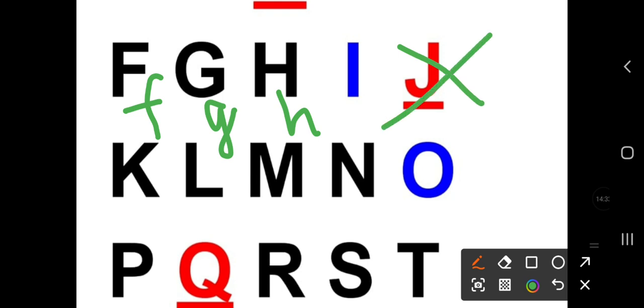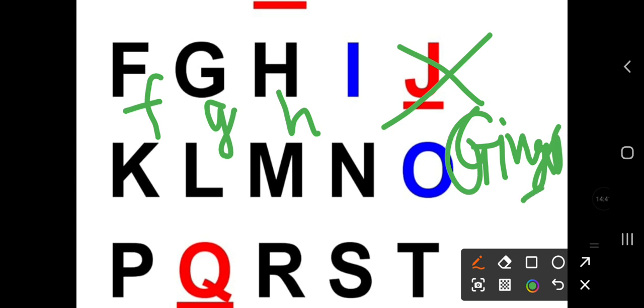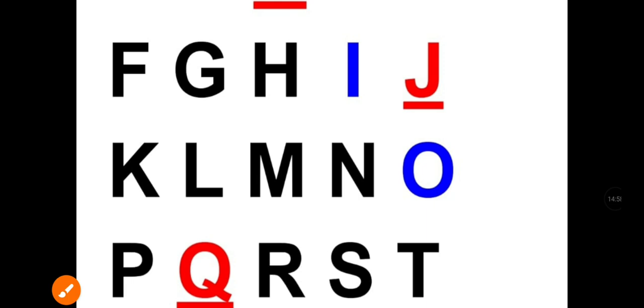Because we write ginger with a 'j' sound and jute with a 'j' sound, and there are so many examples where J creates confusion. So they have cancelled J.